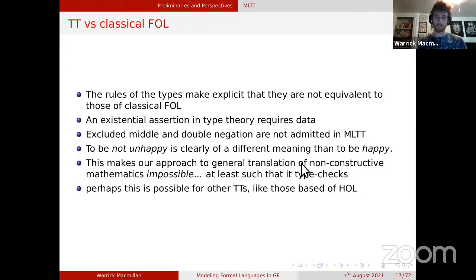The law of excluded middle and double negation are not admitted in Martin-Löf type theory, which are often used in mathematics, but the type theorists would say they should be used as reluctantly as possible.